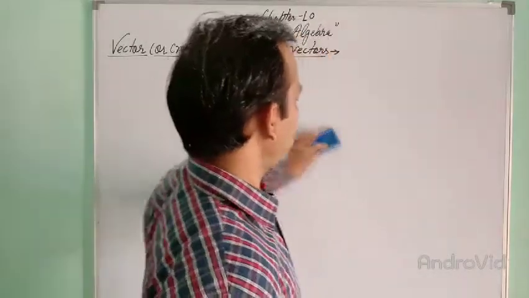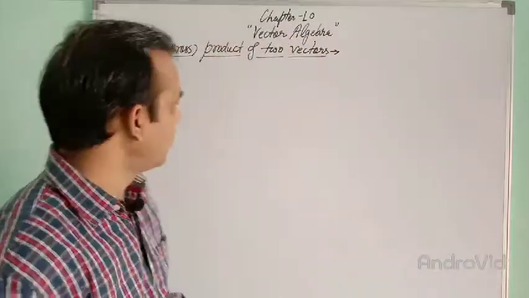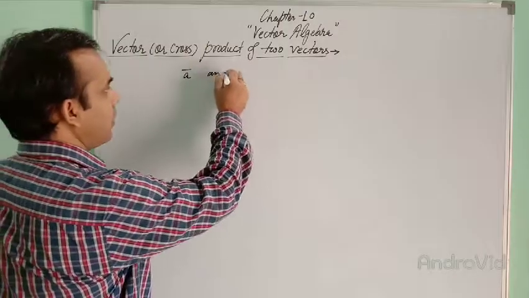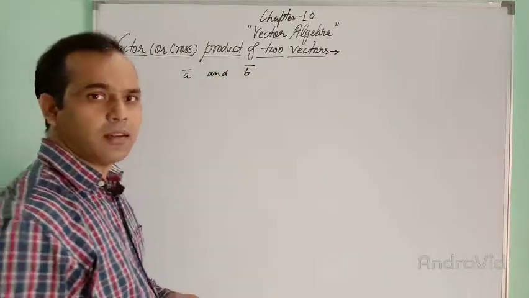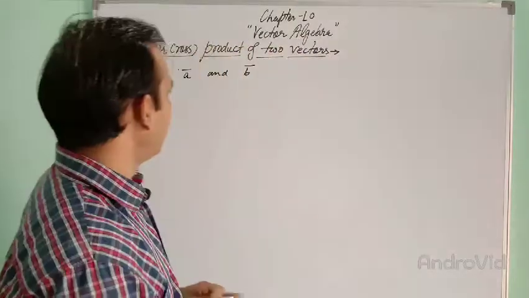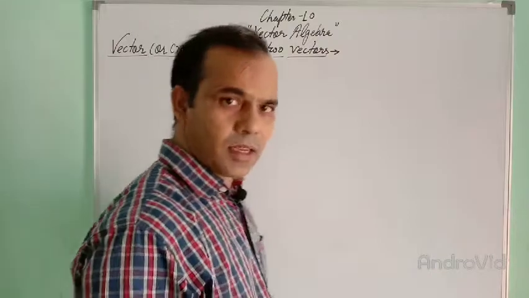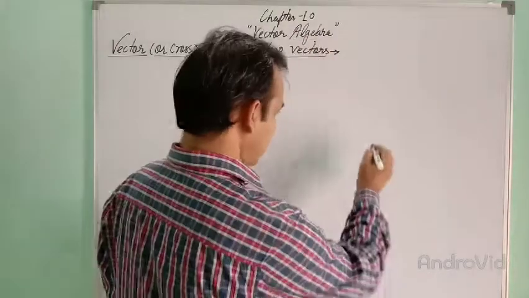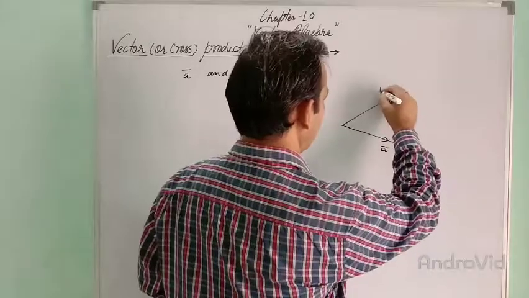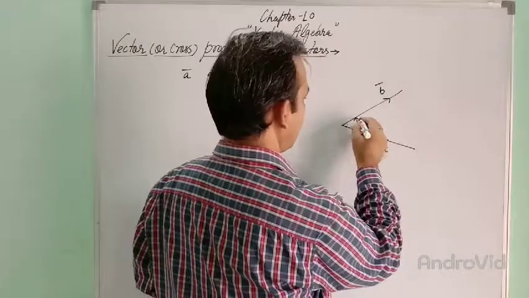So I am discussing the cross product of two vectors. Suppose there are two non-zero vectors, a vector and b vector, and the angle between them is theta. This is suppose a vector and this is suppose b vector, and theta is the angle between them.